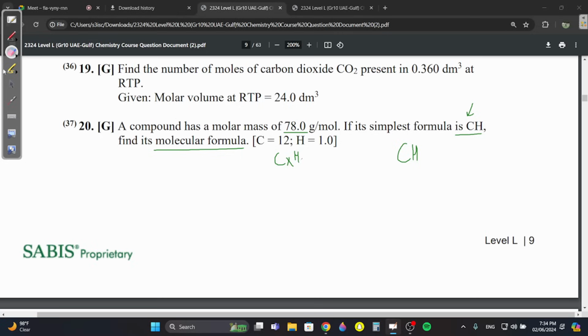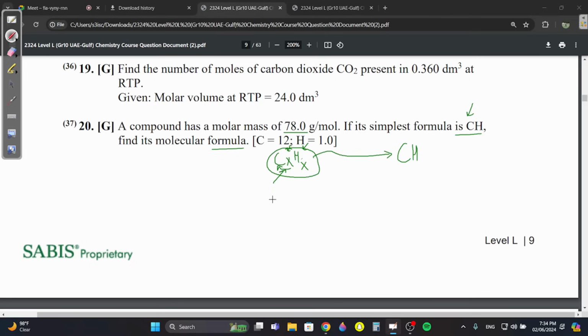Why? Because to go from your original formula to your simplest formula, you divide everything by something, and let's say that's x. And you need to find the molar mass. You multiply the subscript by the mass of each one. For example, CO2, if C is 12 and oxygen is 16, we do 1 times 12 plus 2 times 16. That's just an example. For here, CxHx would be our formula.